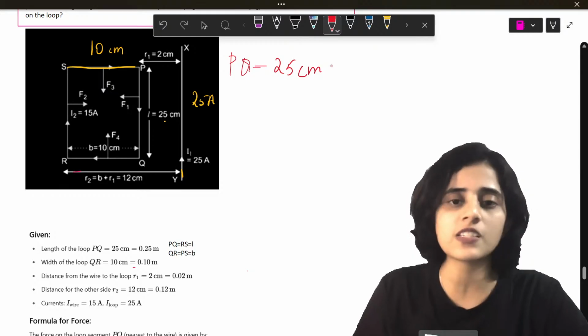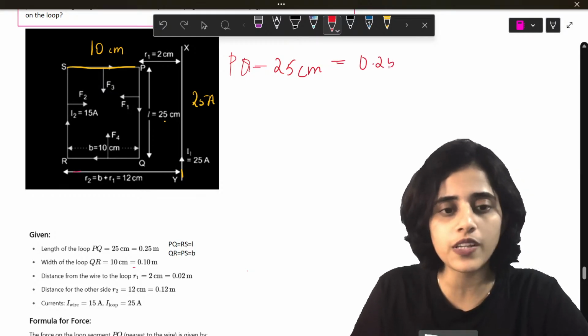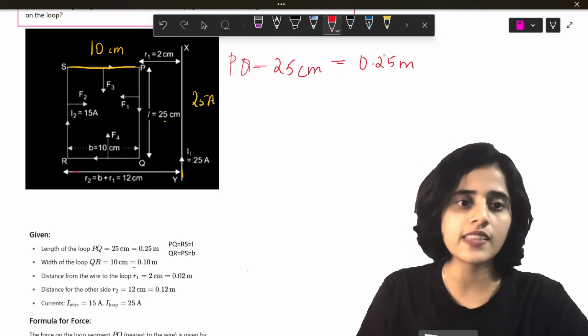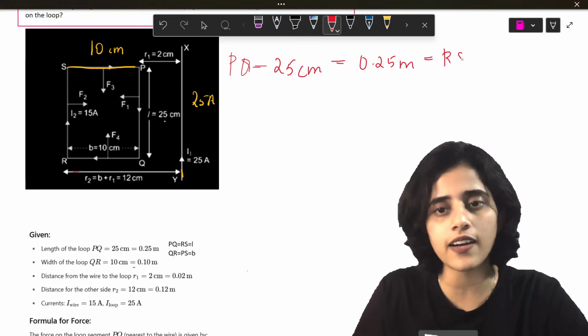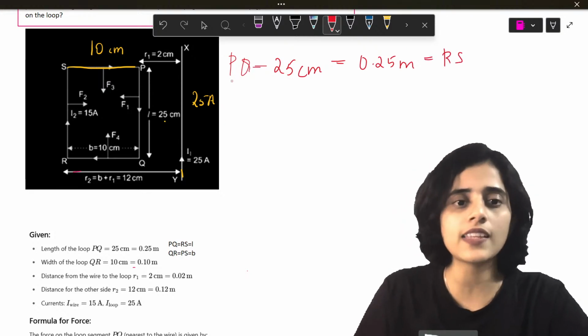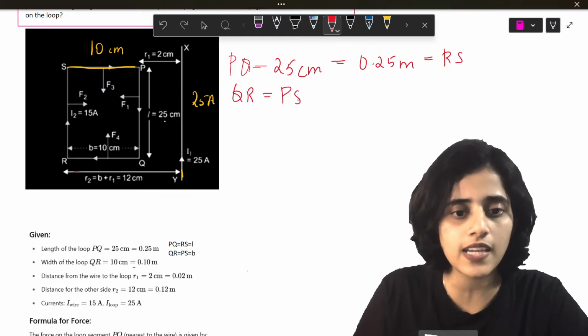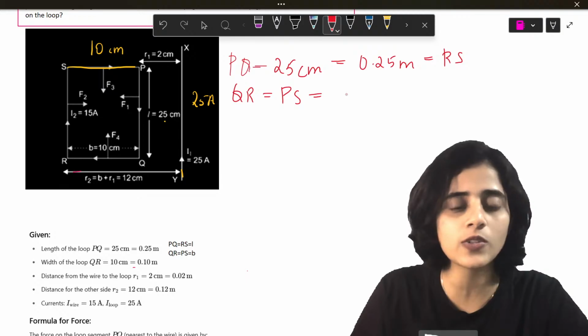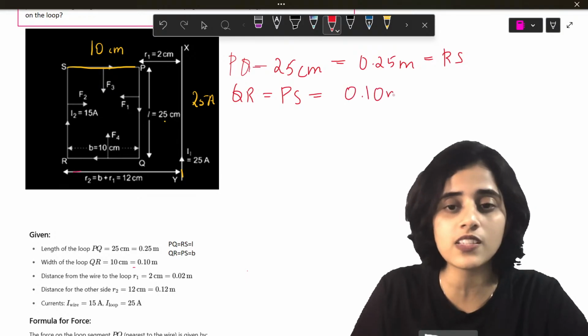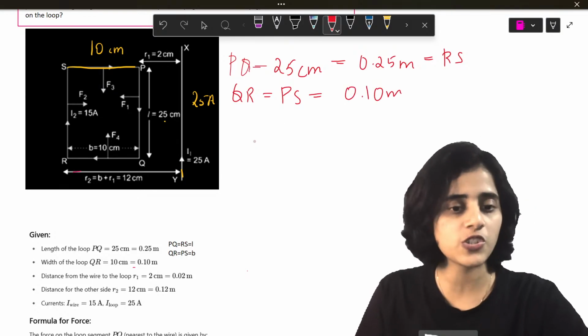PQ is 25 centimeter, which is 0.25 meters, and this is the same as RS as well. The other side QR is the same as PS. It is equal to 10 centimeter, which is 0.10 meters. This much is given to you.